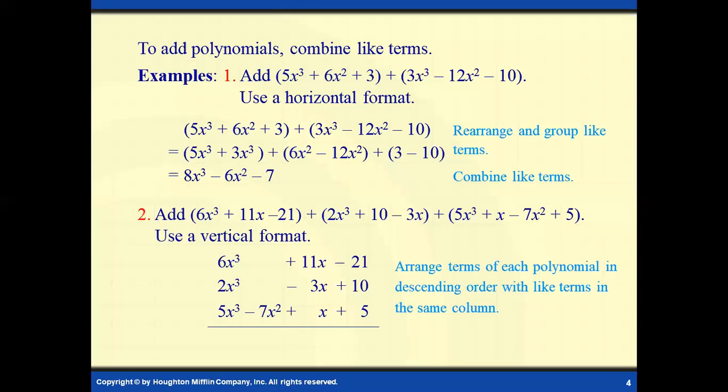Clear? Plus 5x cubed, that is 13x cubed. Minus 7x squared is the only one there. 11 minus 3 is 8x, plus 1, that is 9x. We have plus 9x. Minus 21 plus 5 plus 10, that's minus 21 plus 15, and that's minus 6.